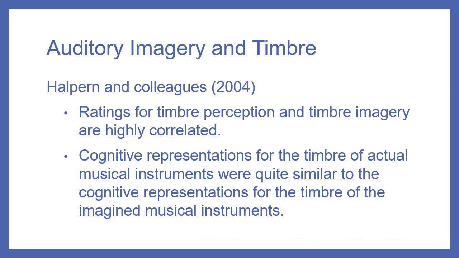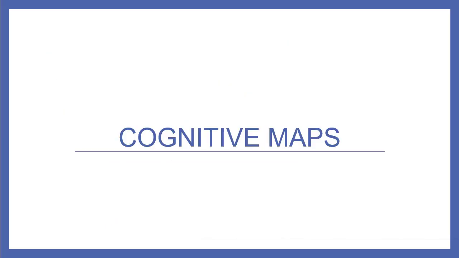So if you imagine what a violin sounds like when it plays a note, and then an oboe plays the same note, you're able to compare those mental representations against the sound that you're hearing and to imagine which.